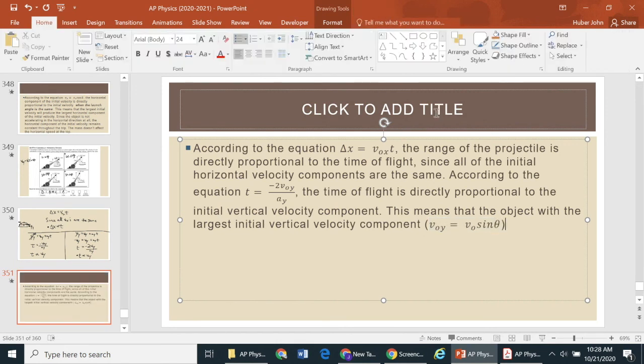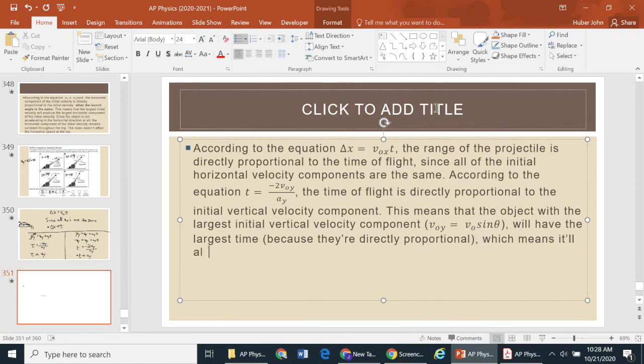And so using this equation here, we saw that this means that the object with the largest initial vertical velocity component will have the largest time, because they're directly proportional, as we've already established, which means it'll also have the largest range, because they're directly proportional.